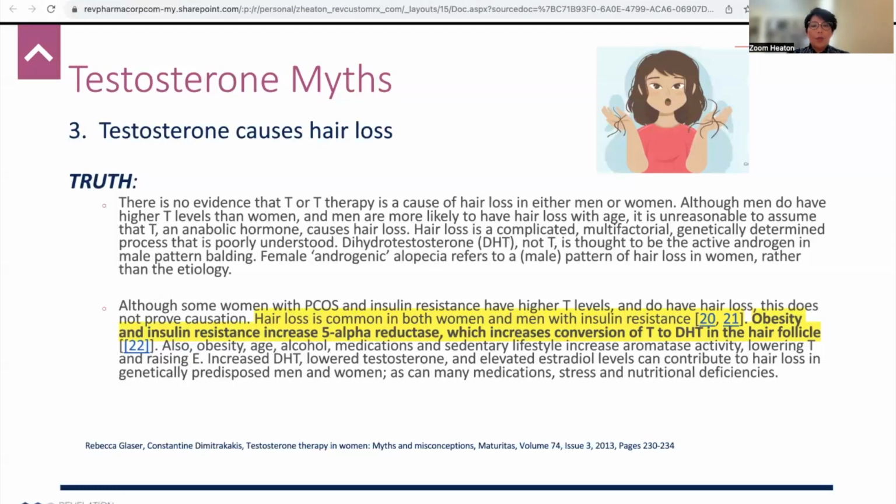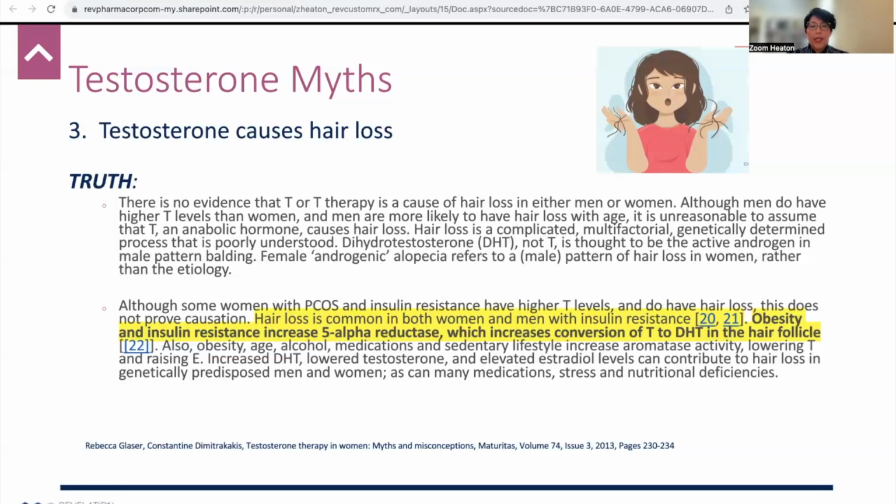Hair loss is complicated and it's multifactorial. There are a lot of different factors that play into hair loss, including environmental, genetics, hormonal imbalance. There are a lot of reasons, and it is common in both men and women, and those who have insulin resistance as well, and obesity. Both of those can increase the enzyme 5-alpha reductase, which of course increases the conversion of testosterone to dihydrotestosterone in the hair follicle.